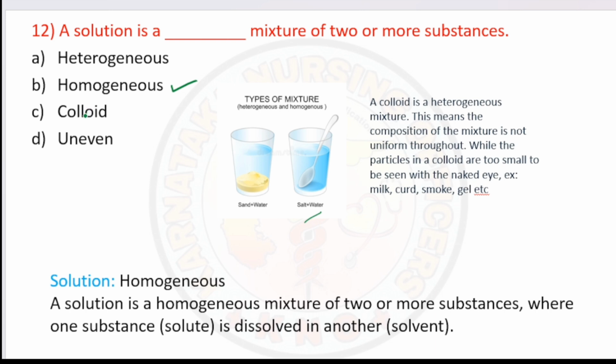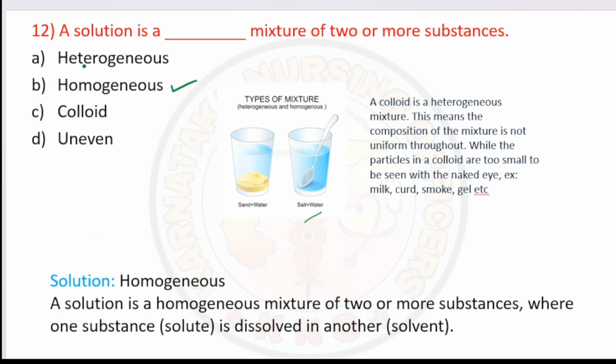And what do you mean by colloid? See, in a homogeneous mixture, the atoms are uniformly arranged. Okay. Here also in a heterogeneous mixture, atoms are not uniformly arranged. Such type of mixture is called a colloid. Examples for colloid are milk, curd, smoke, etc. and also gel.